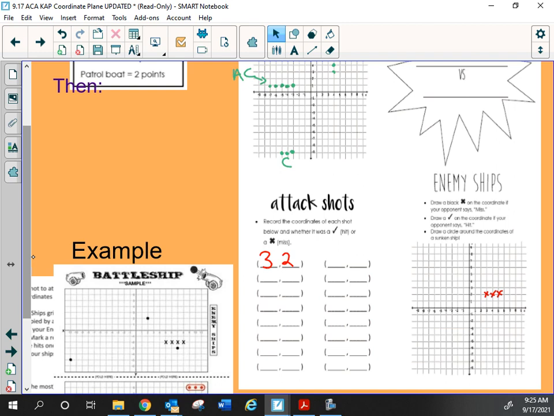Like my cruiser, you would have to hit it 3 times on each of the coordinates. So maybe Miss Navali hits me here, and then she takes aim up here, but that didn't hit my ship. But she figures out, oh, I need to go this way. After all 3 hits are made, then that ship is sunk. Then you have to sink the aircraft carrier, you have to sink all the boats.